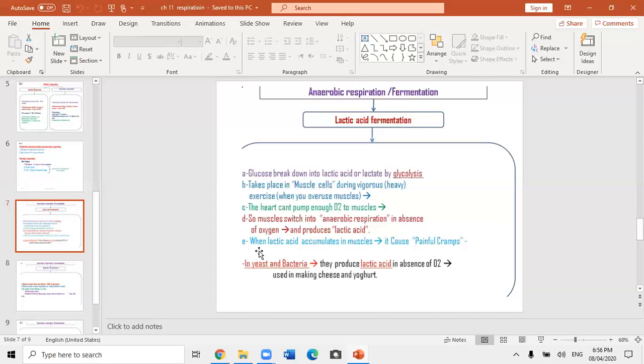We will also mention this when we talk about exercise and breathing rate, how our breathing rate changes while we are exercising, how our muscles will stop respiring aerobically and start anaerobic respiration, and how when we stop exercising, let's say after running for 1 hour or more, we're still breathing hard. Why do we keep breathing hard? It's because we are breathing deeply and faster to take in oxygen, since oxygen has to combine with lactic acid to break it down, and this happens in aerobic respiration, which happens in the liver.